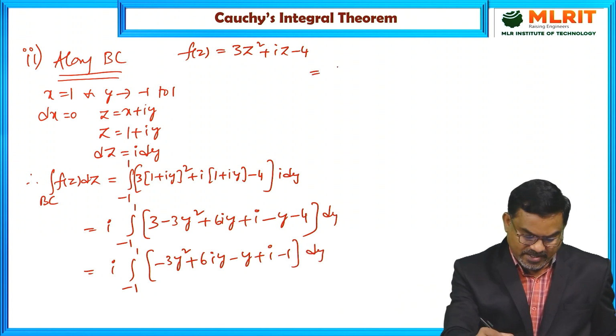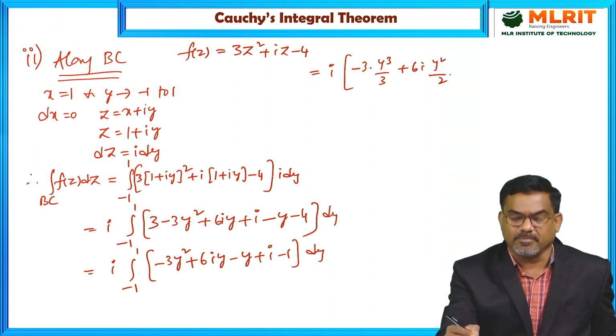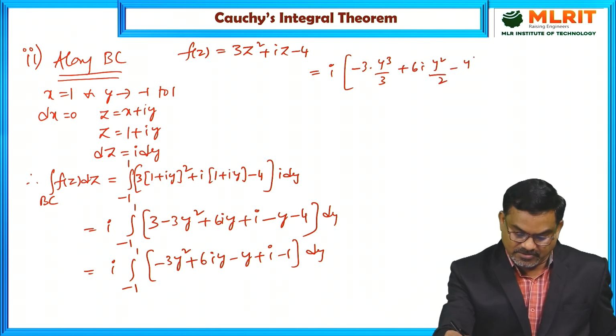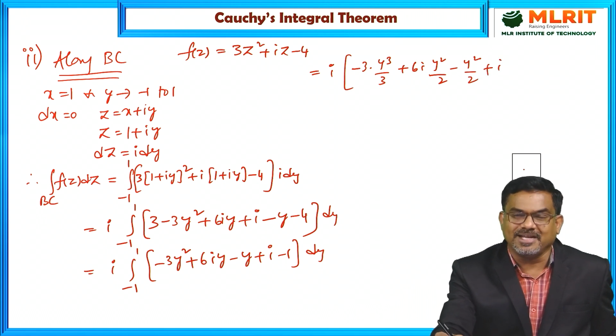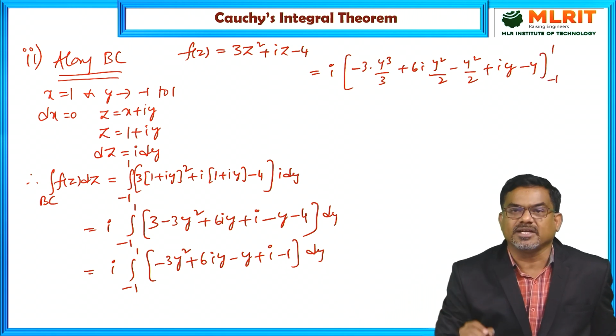So by integrating with respect to y, here we get minus 3 into y square, integration is y cube by 3, plus 6i into y, integration is y square by 2, minus y square by 2, plus i is a constant, so integral dy is y, so i into y, minus y, and y changes from minus 1 to plus 1.